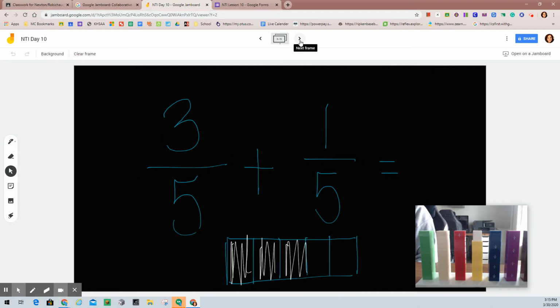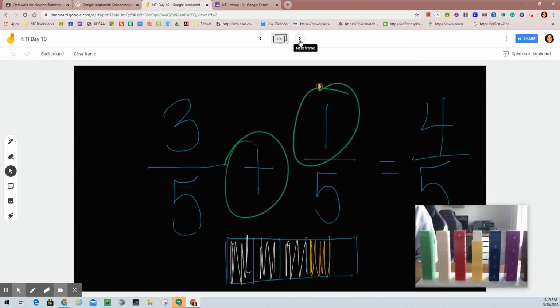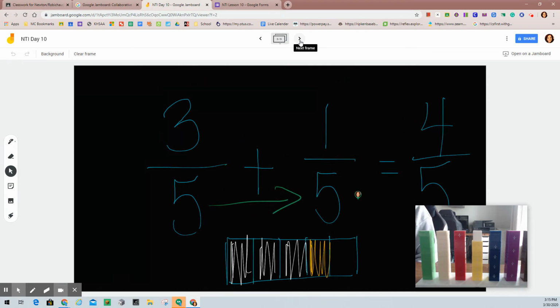Okay. So all together, if I were to count these up, I would have 1/5, 2/5, 3/5, 4/5. It's a mouthful right there. So I know that 3/5 plus 1/5 equals 4/5. Again, all I had to do was add in my numerators and keep my denominator the same.